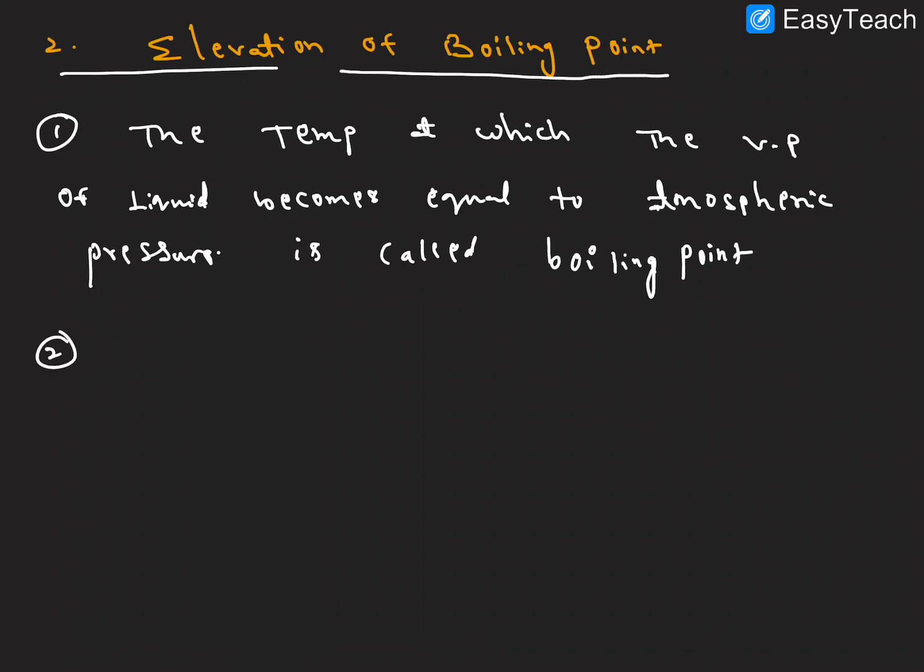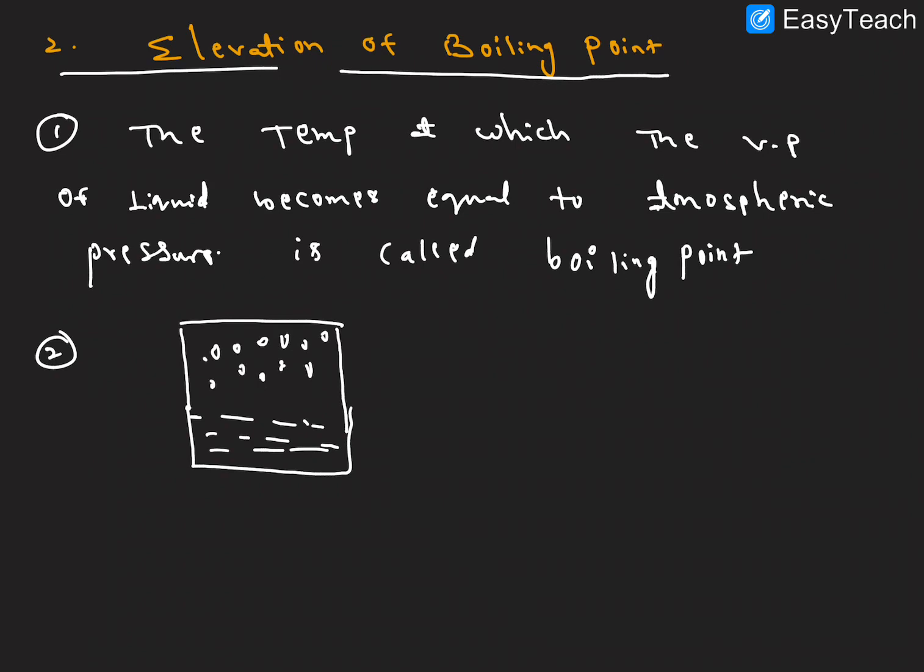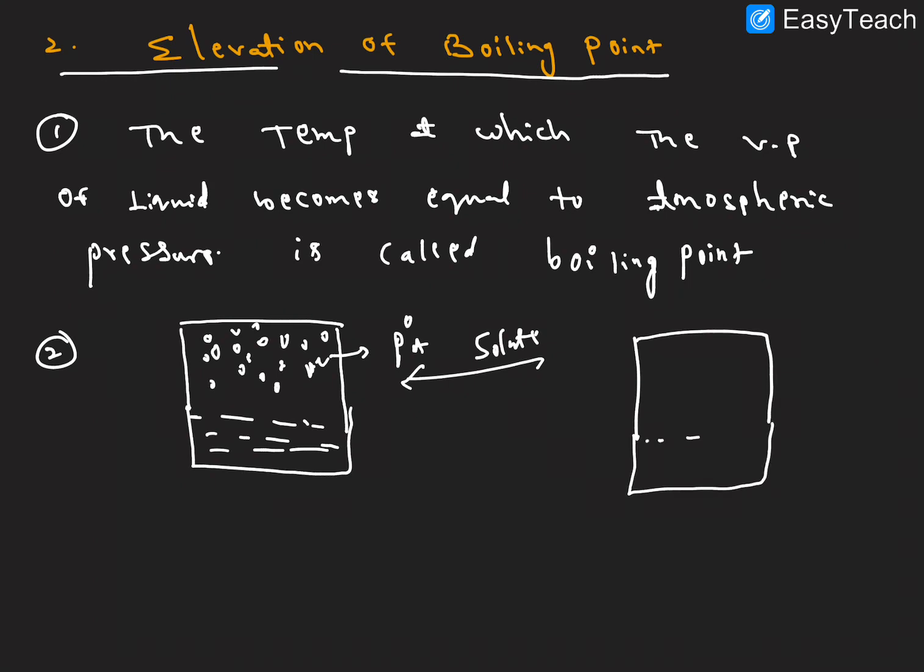Right, second point here. What is the elevation of boiling point? For example, here we are taking the pure solvent. This has more vapor pressure because the pure solvent is volatile. So this is P naught A, right? Whenever we add solute here, the resultant vapor pressure decreases. So the liquid to vapor conversion decreases, very less vapors, right?